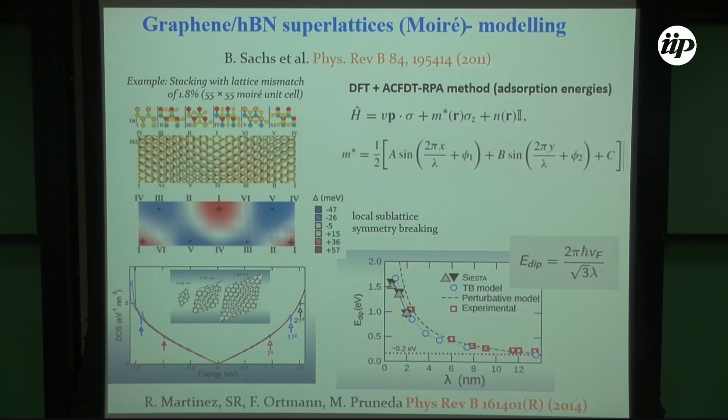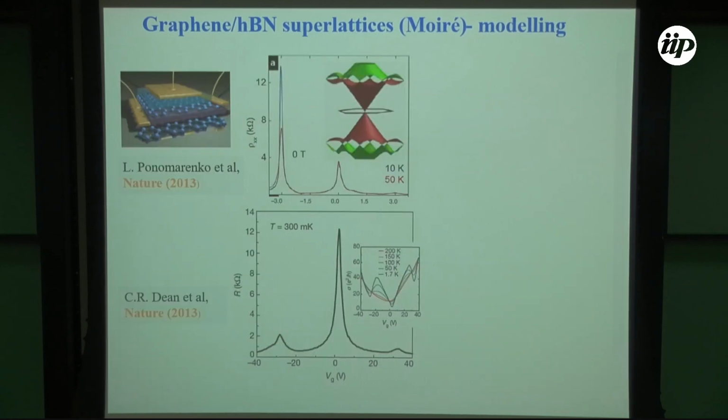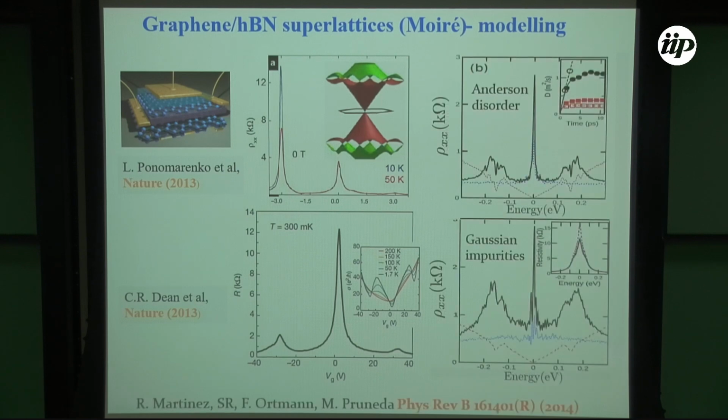So the model can be made very accurate, and we can do a simulation where we can reproduce, not exactly, of course, but we can reproduce this emergence of the secondary Dirac points, and the resistivity is sensitive to these new features when you have disorder included in the system.